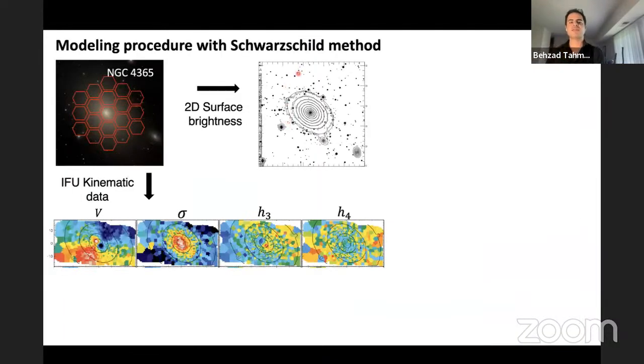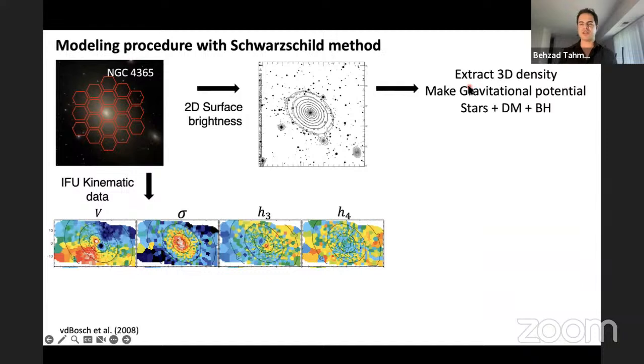So when we get the 3D density of the stars from the kinematic and photometric data, we can solve the Poisson equation and get the gravitational potential. And we can also add the gravitational potential contribution from dark matter, and a black hole mass at the center of the galaxy. So there are a bunch of free parameters here. We are flexible to pick between them, and later we will try to change them and fit the model.